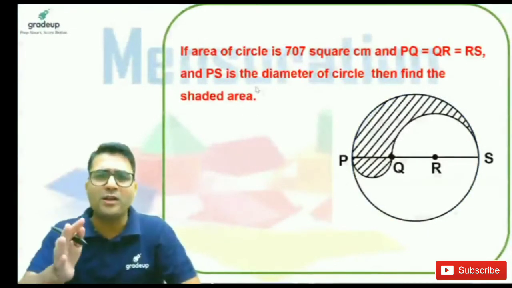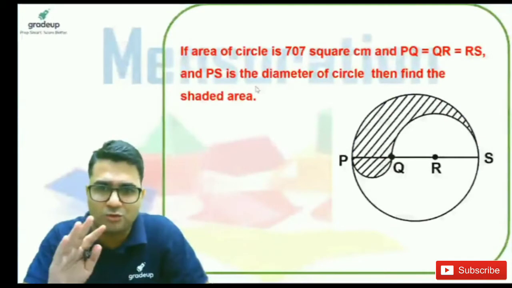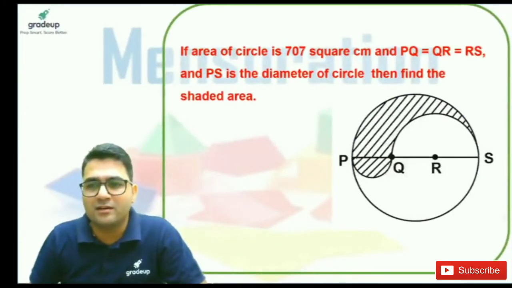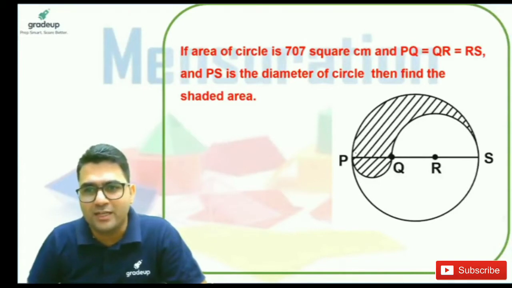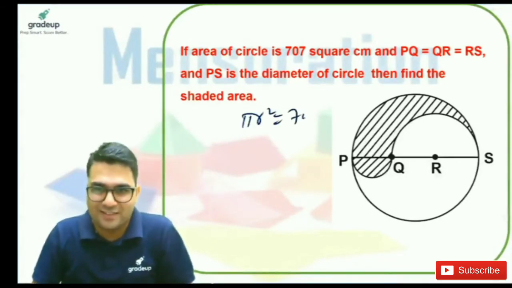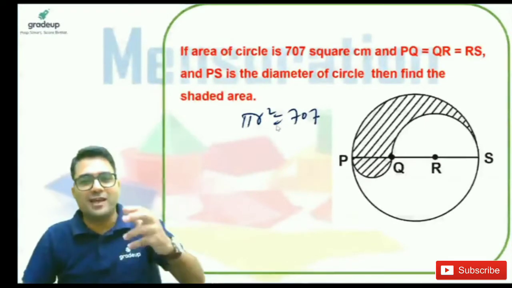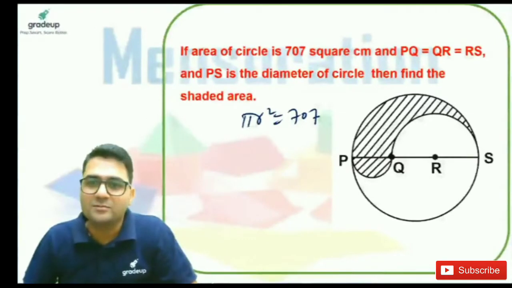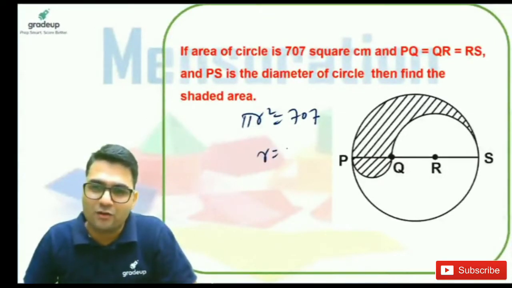Now, normally what students do, they will try to find the radius of the circle first. First of all, I'm telling you what students generally do, right? They will find the radius first.